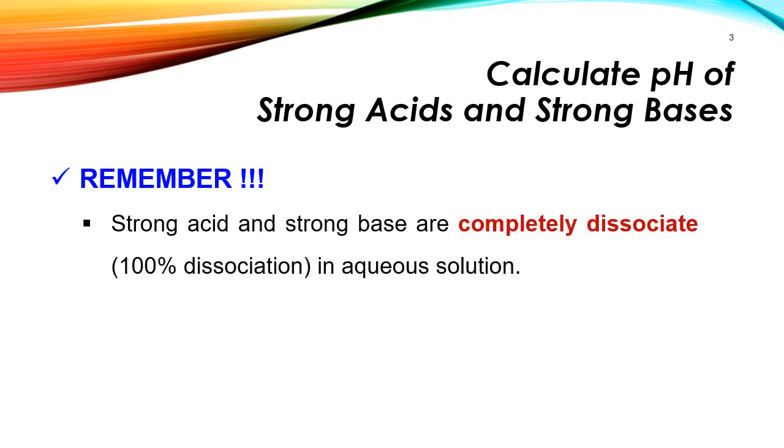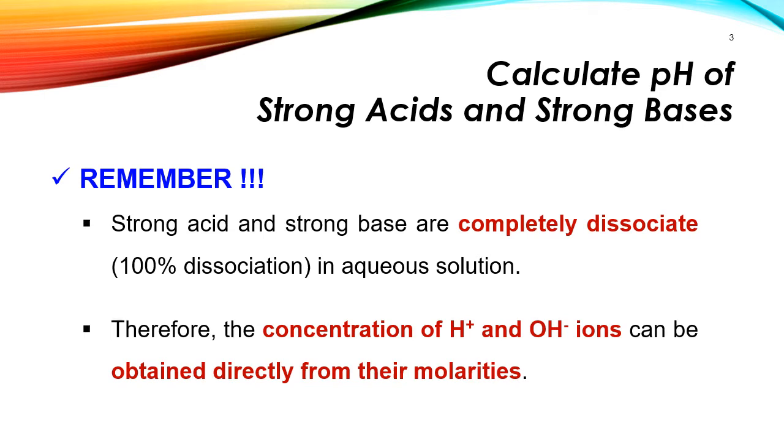So we have to take note that strong acids and strong bases completely dissociate in aqueous solutions. That means the reactant of acid and base involved in the reaction are completely ionized.